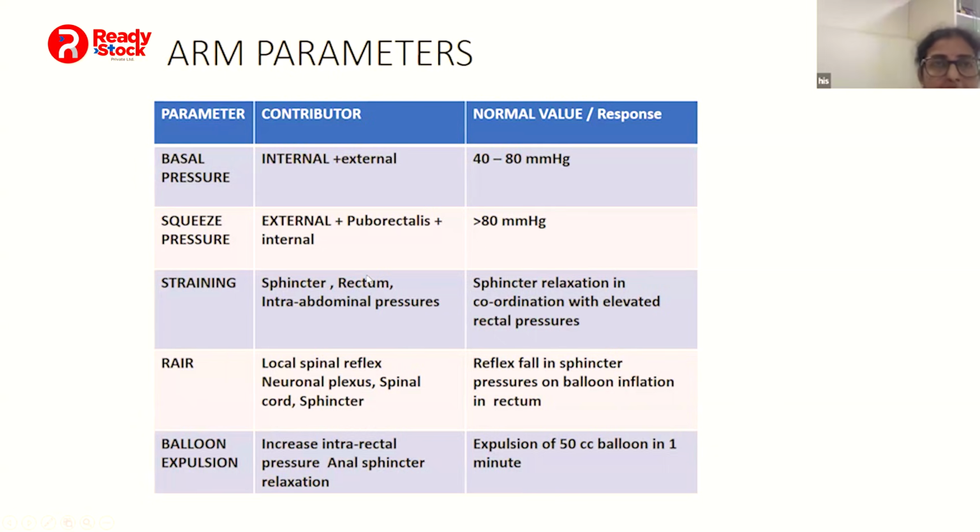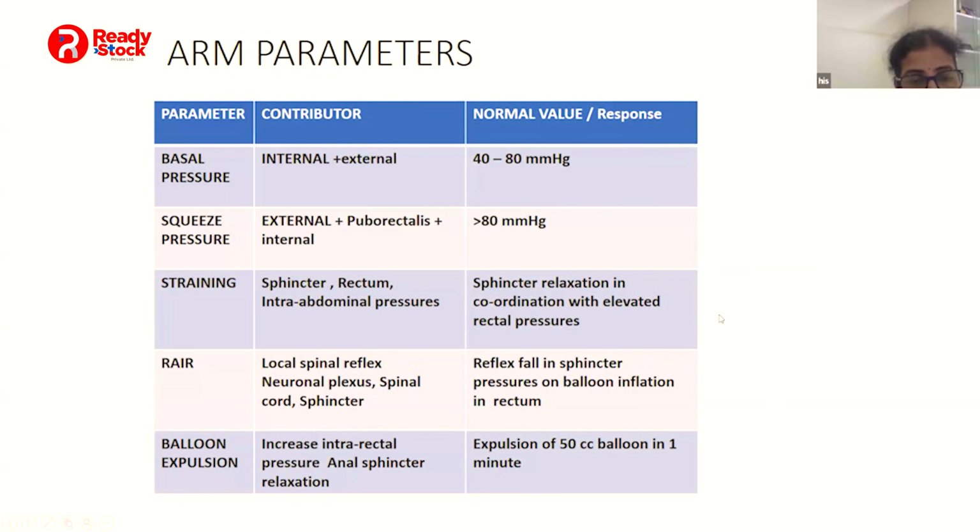What is a normal RAIR? RAIR means the rectoanal inhibitory reflex. So this is elicited by insufflating the balloon which is attached to the tip of the catheter and looking for an initial transient increase in the anal sphincter tone, followed by an immediate sustained relaxation of the same.